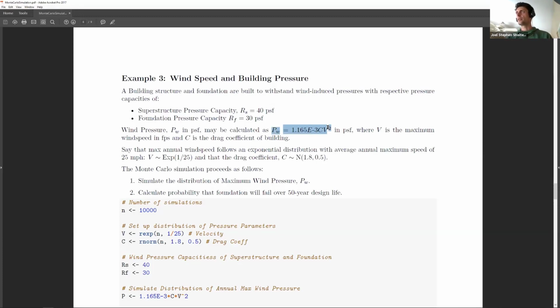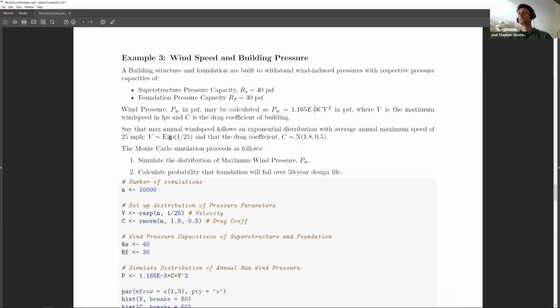And then we can model the pressure as this function: 1.165 e to the negative 3 times c, which is the drag coefficient, times v squared, where v is the velocity of the wind. This gives us pressure in psf. V is going to be the maximum wind speed in a given year. So we'll say V follows an exponential distribution with an average annual maximum wind speed of 25.